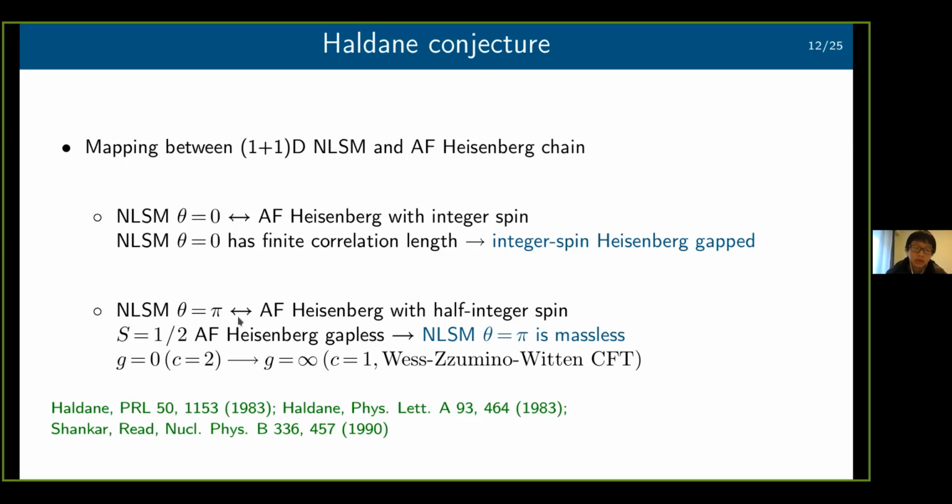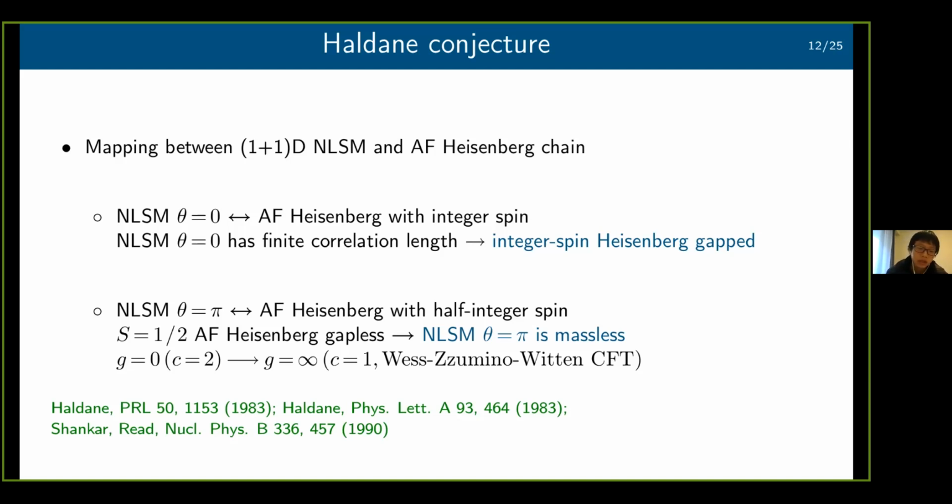And since at that time, people also knew that this anti-ferromagnetic Heisenberg model is gapless, Haldane then conjectured that the nonlinear sigma model with theta equal to pi is also massless.